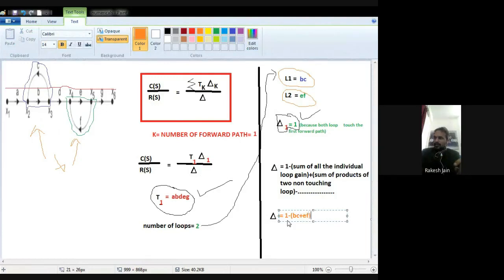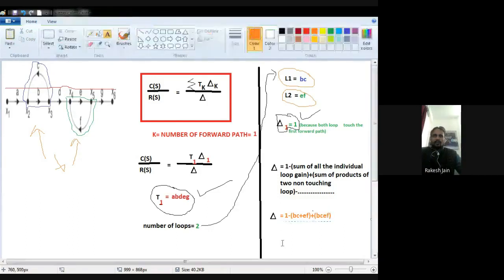Okay, 1 minus BC plus EF, plus the sum of products of two non-touching loops. So see where those two non-touching loops are. The BC loop, L1, does not touch the L2 loop, it means these two are non-touching loops. So the sum of the products, but here only the product BCEF is there. Okay, so this will be your answer for del.